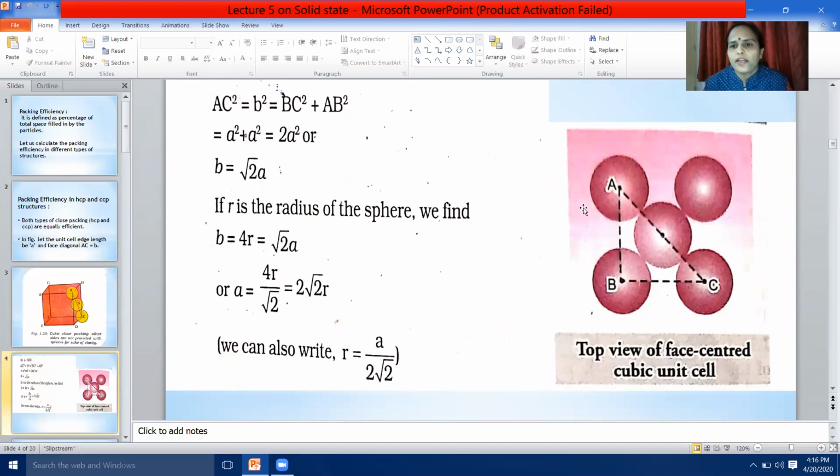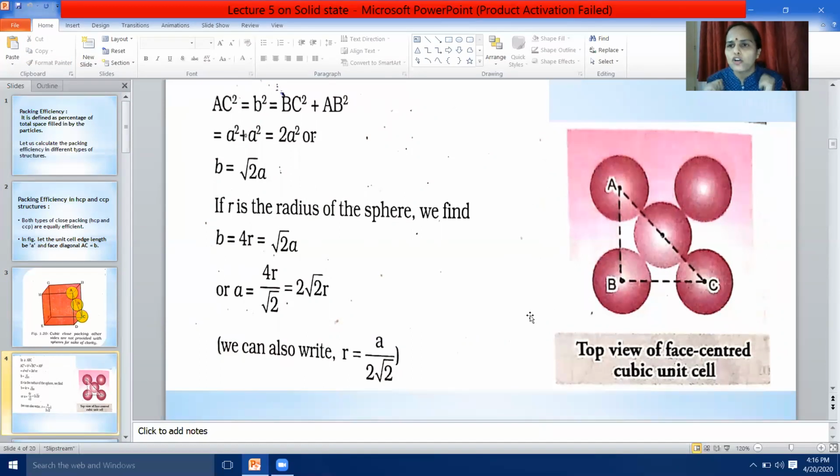Here AC square equals AB square plus BC square. Look at the cursor movements. AC square equals AB square plus BC square. This is in accordance with the Pythagoras theorem, which you have read in your lower classes. It's a very simple formula.